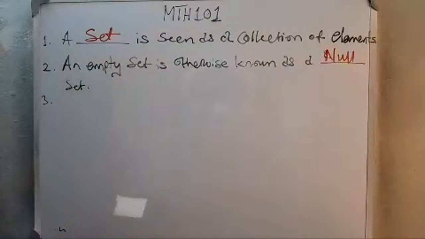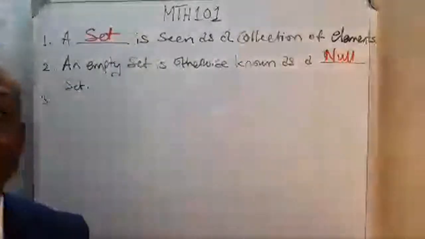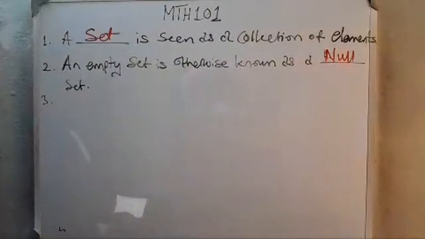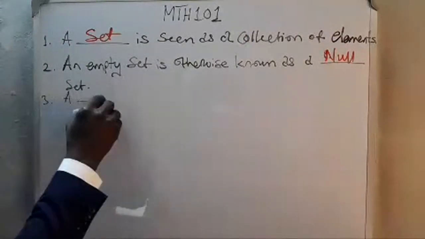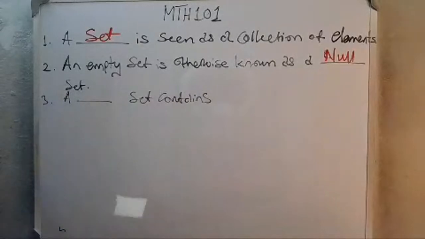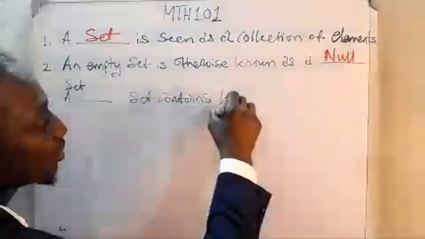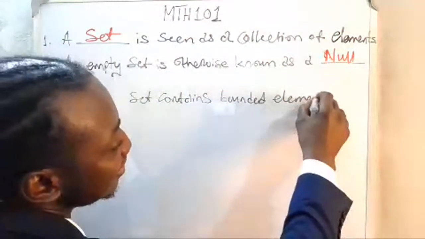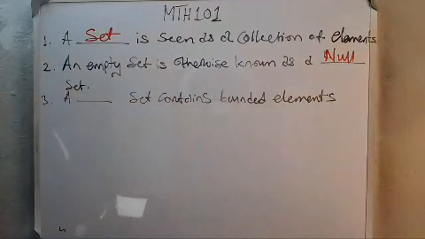Yes. Now we also have: a dash set contains bounded elements, for example, all states in the country Nigeria.